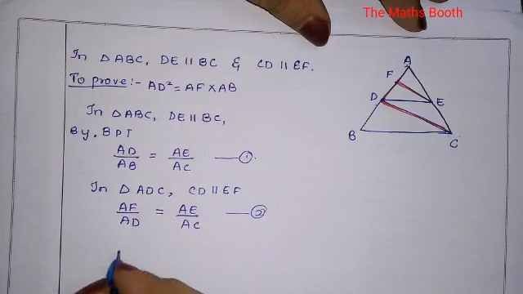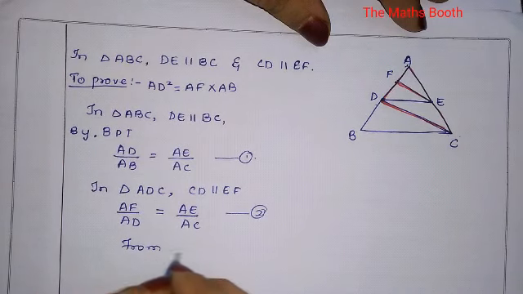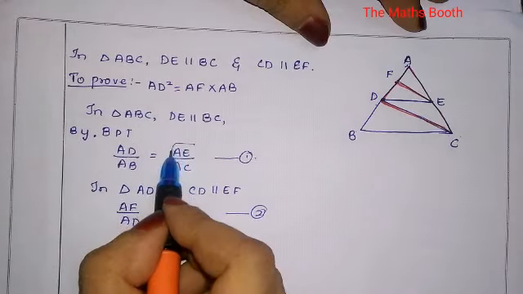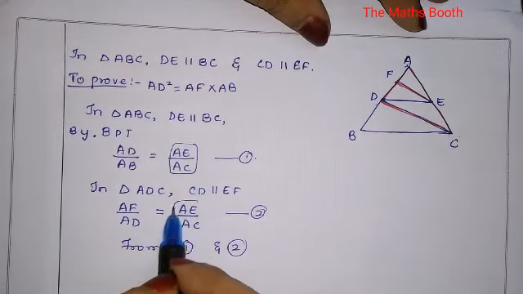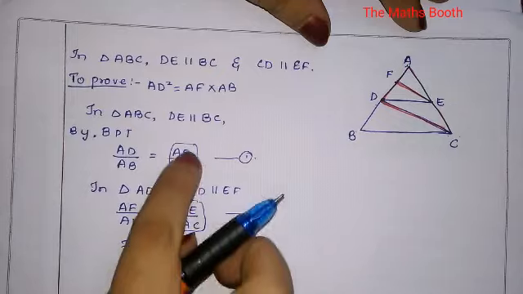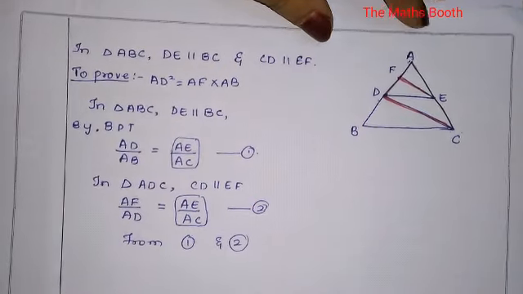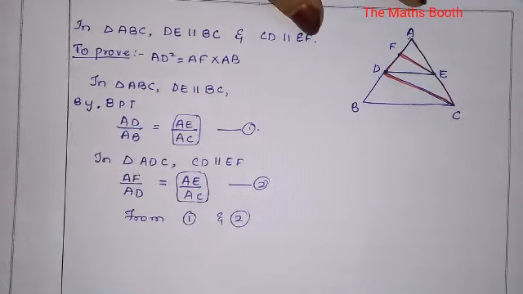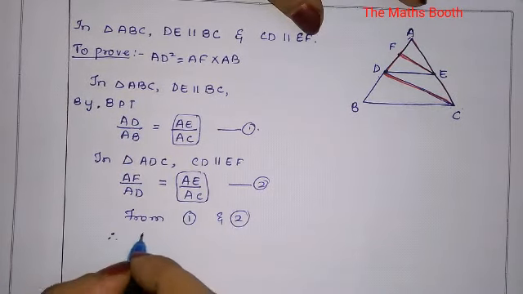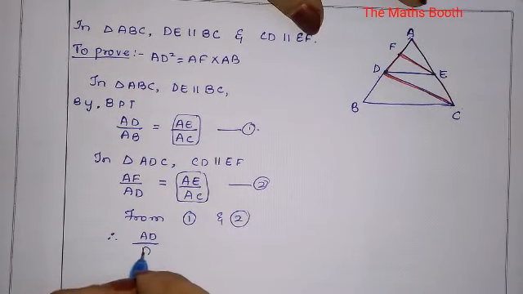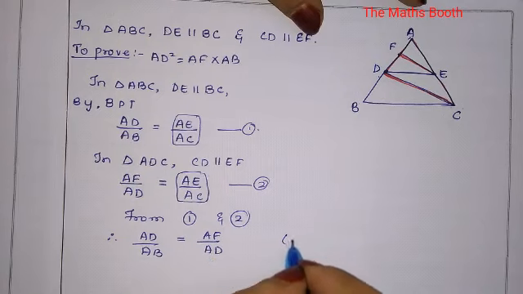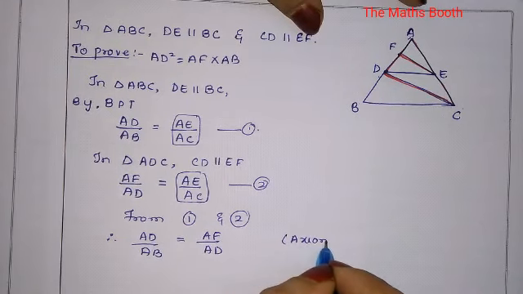Equation 2. Now from 1 and 2, we can see things which are equal to the same thing. Both things are the same. Things which are equal to the same thing are equal to one another. Therefore, AD by AB is equal to AF by AD, by axiom 1.